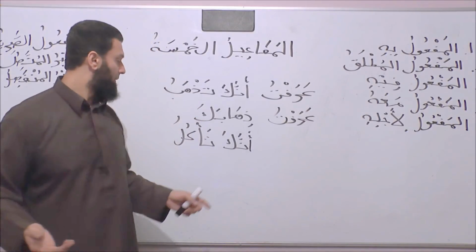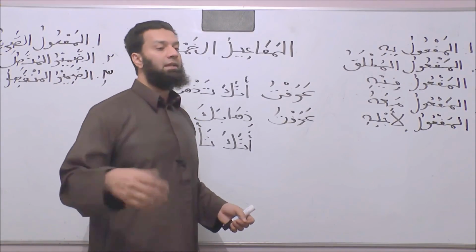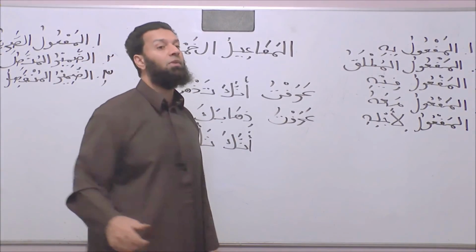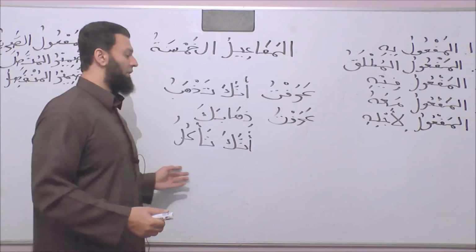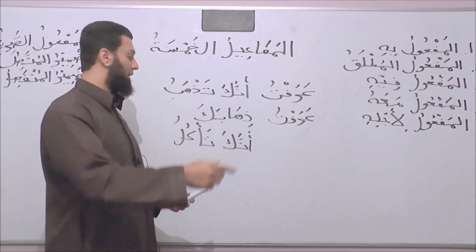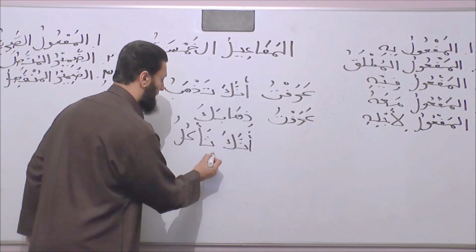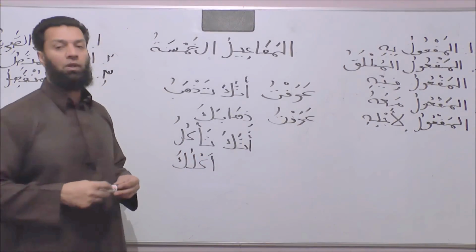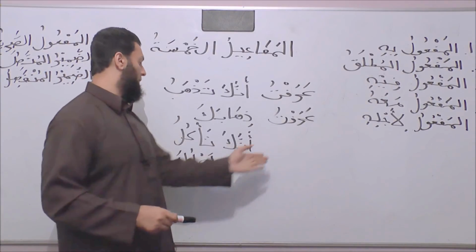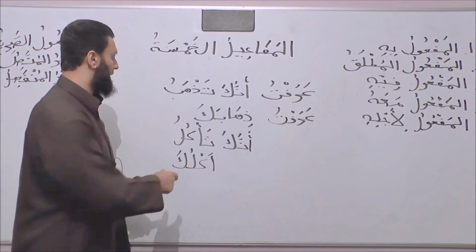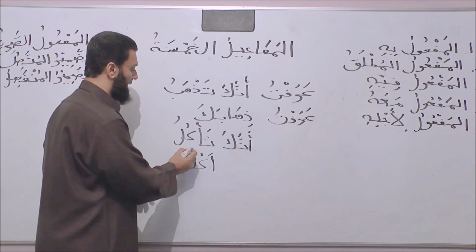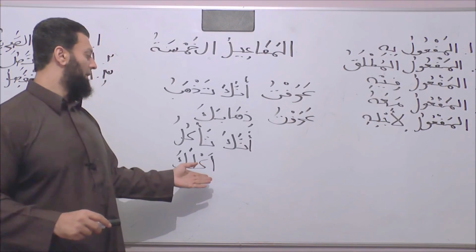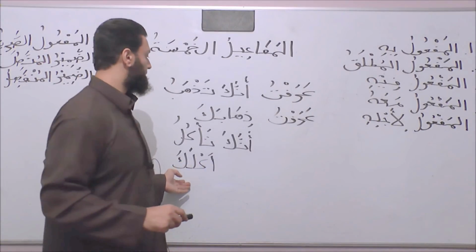He ate. If we want to represent eating as an ismun, which ismun would we use? We'd use akalun. If we wanted then to say you're eating, it would be akluka. So we could say araftu aklaka, and of course that would then be the maf'ulun bihi. I know that you are eating.